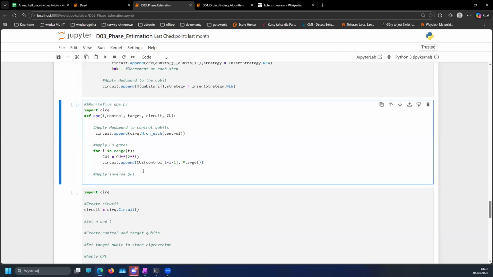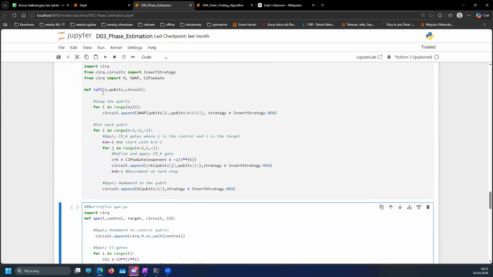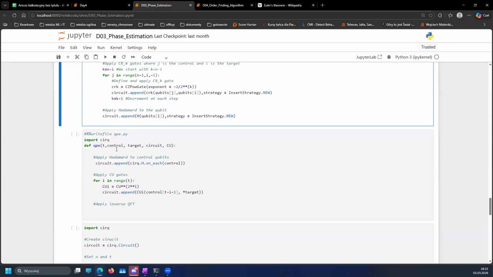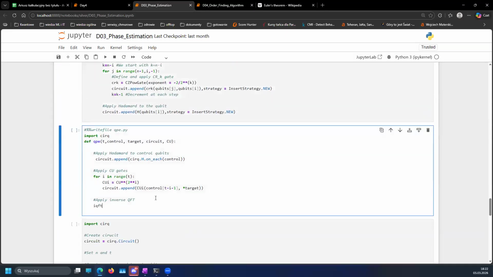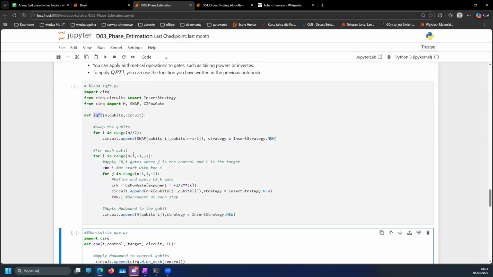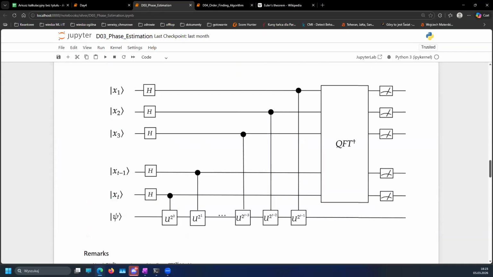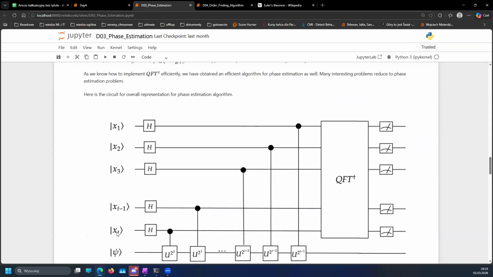And then we need to apply the inverse quantum Fourier transform. And here we can use this function, IQFT. The first argument is the number of qubits, and as you can see, it's equal to t, because we want to apply the Fourier transform over all of those qubits, and that is t of them.